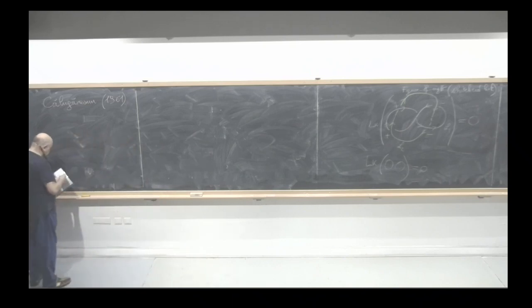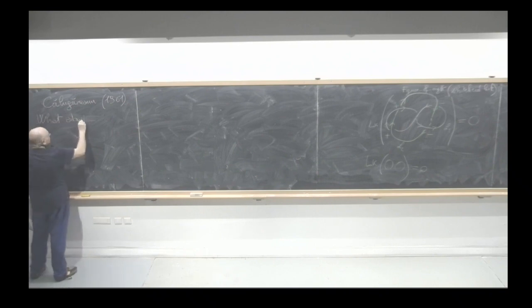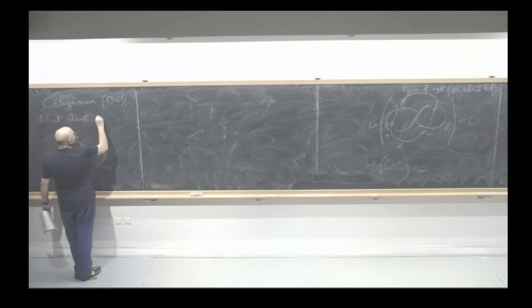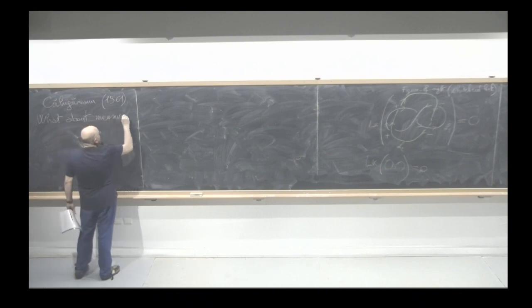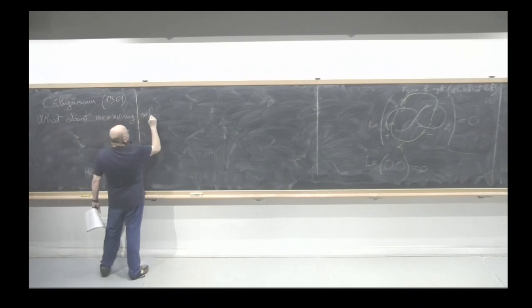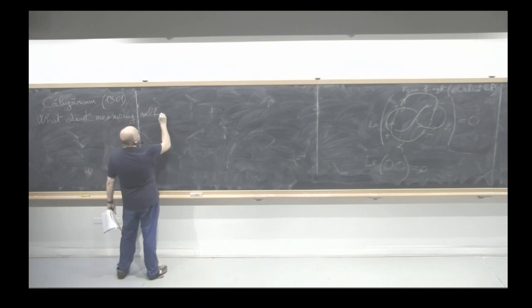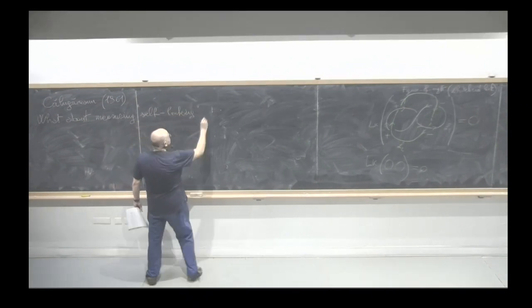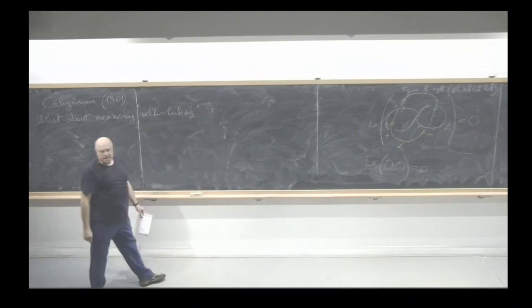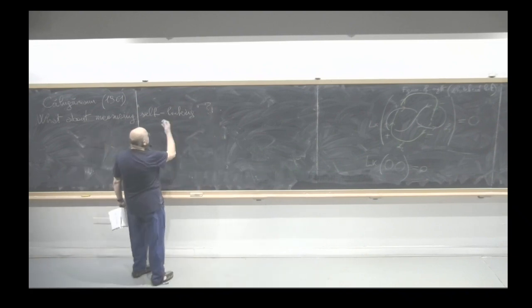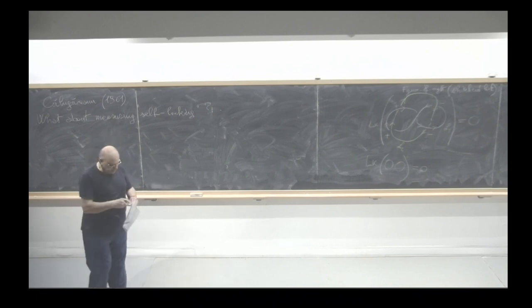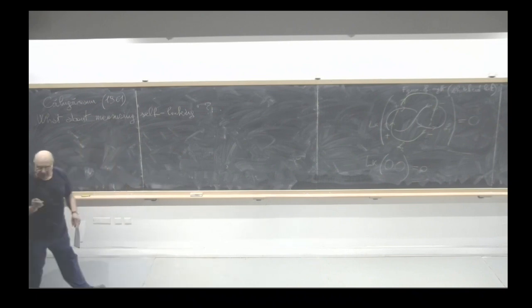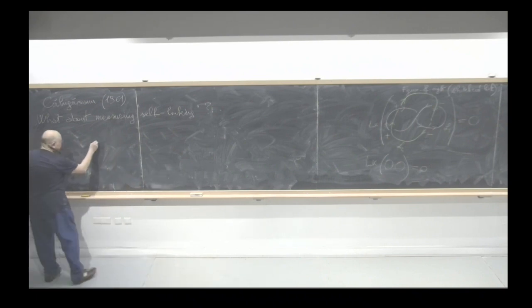So the problem is the following: what about measuring self, of course, is self-linking. A knot, does it have a kind of self-linking information? So my 2 minutes way to introduce this is the following.